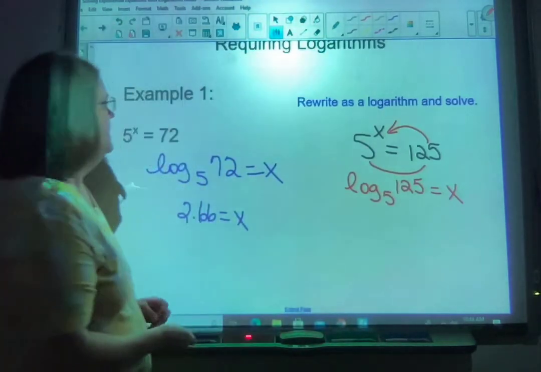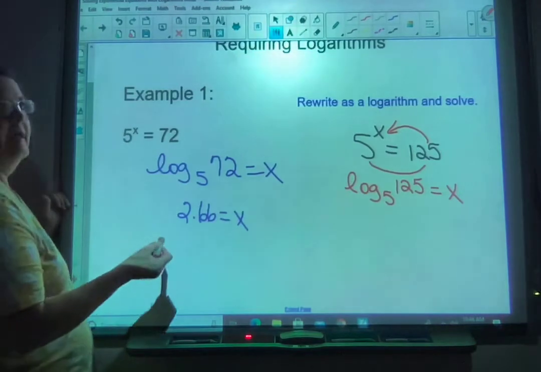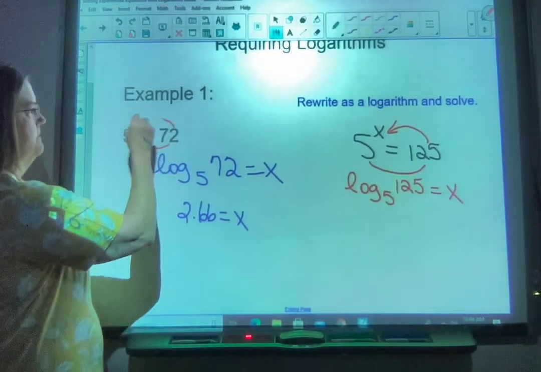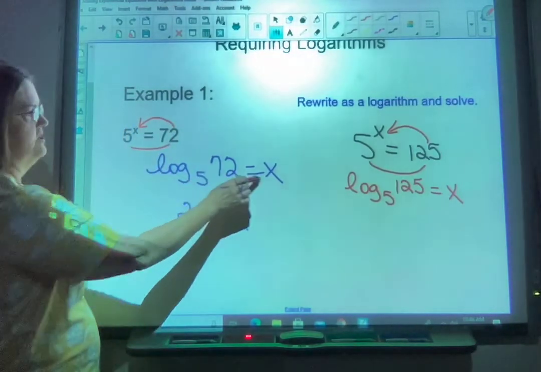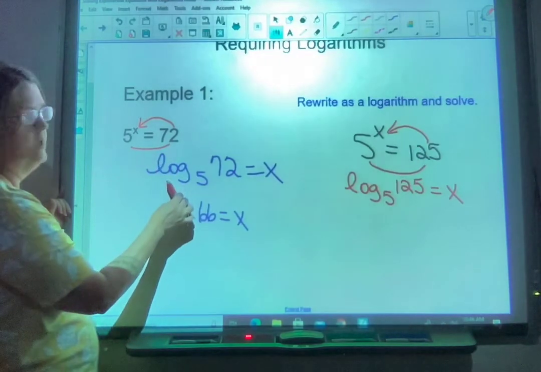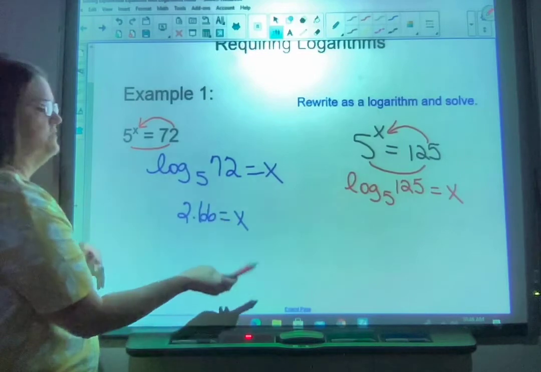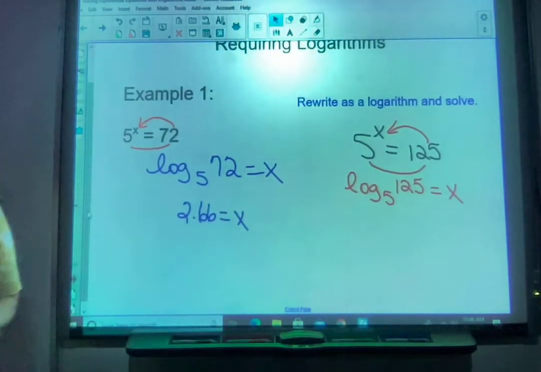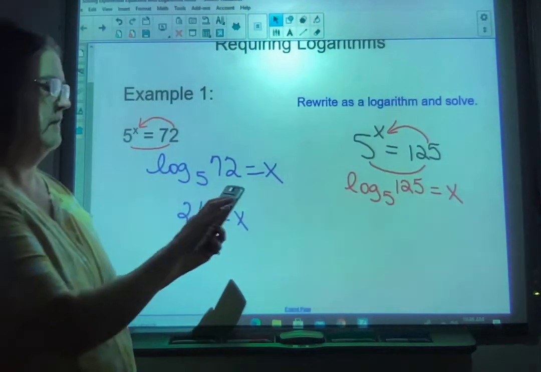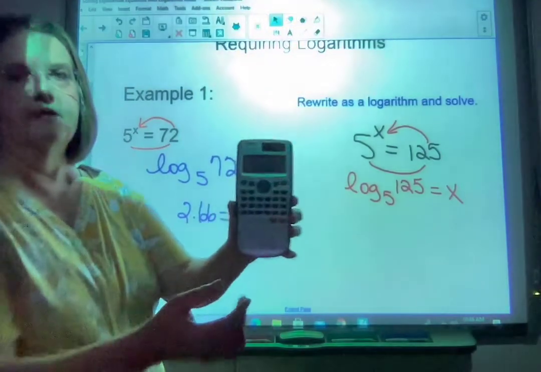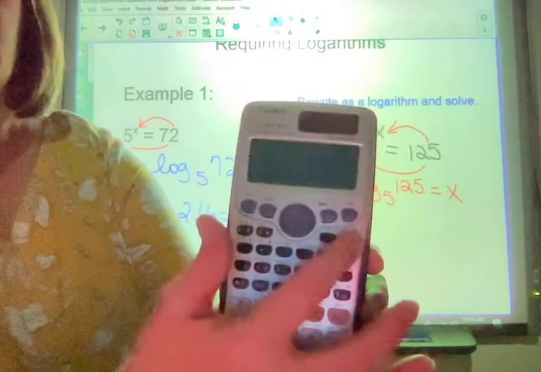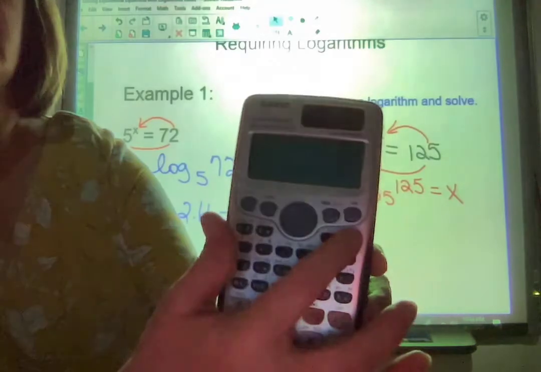So that's what we're doing here, is we rewrite this as a logarithm. Log base 5 of 72 is equal to x, and then we just put into our calculator log base 5 of 72 using that trusty button on our calculator that I told you about the other day. When you turn it on, it's located right there.